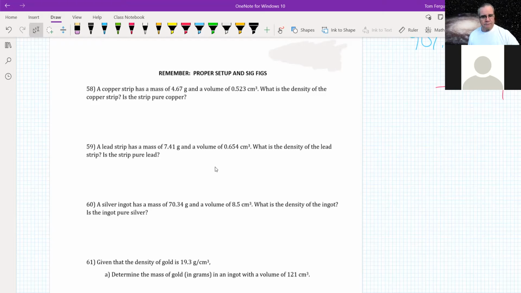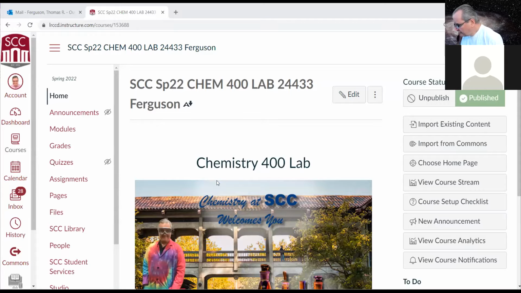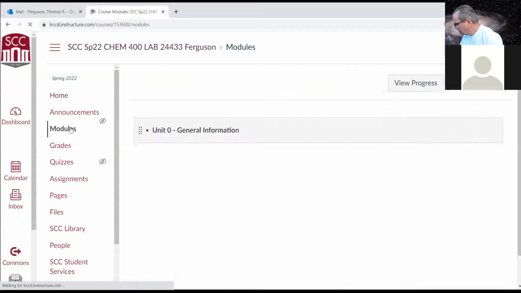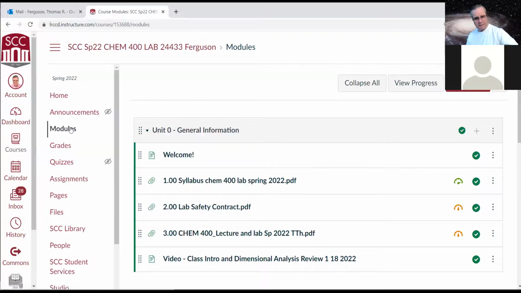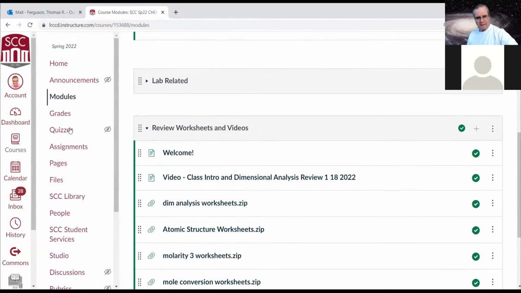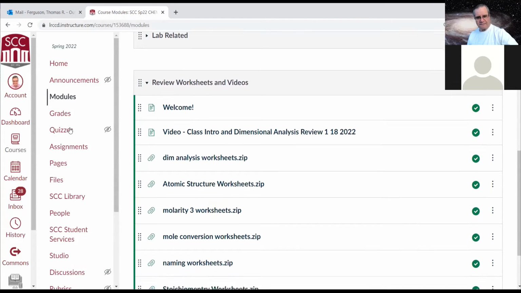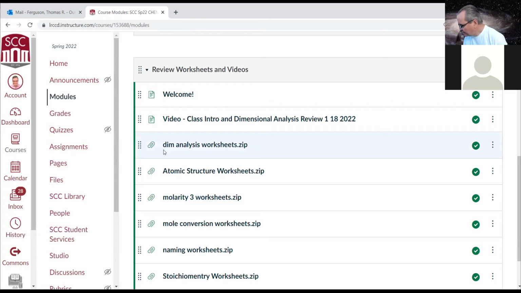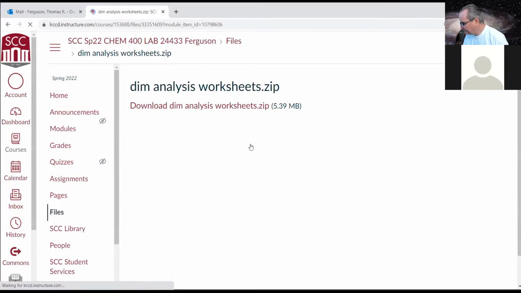I have a question. Is this in a folder on Canvas somewhere? Yes. If you go to modules, down on review worksheets, you'll see dimensional analysis. Here's a zip file.